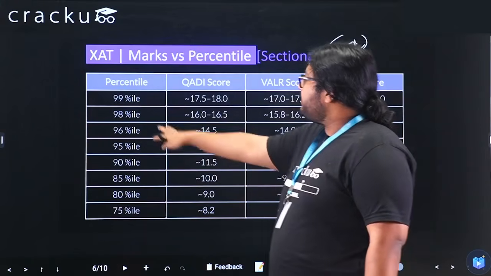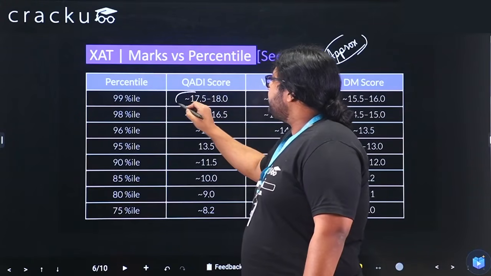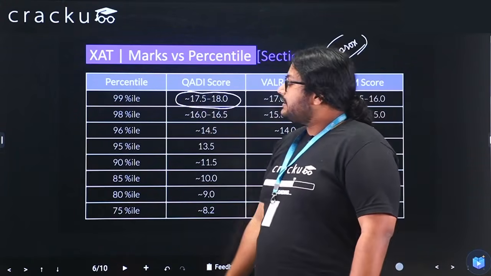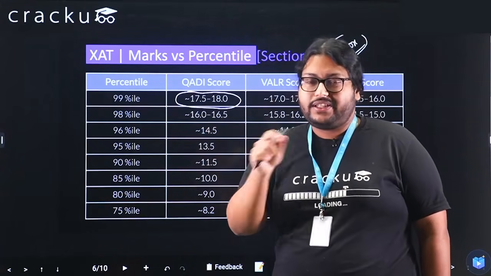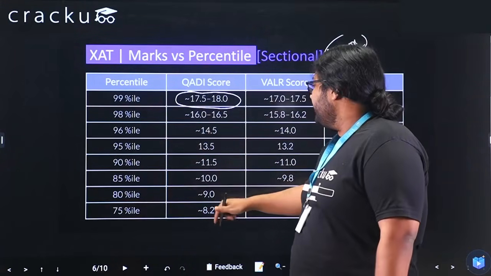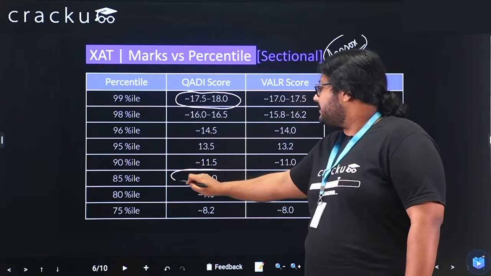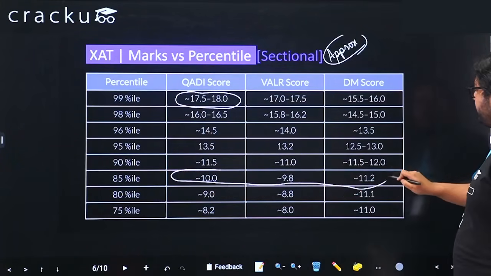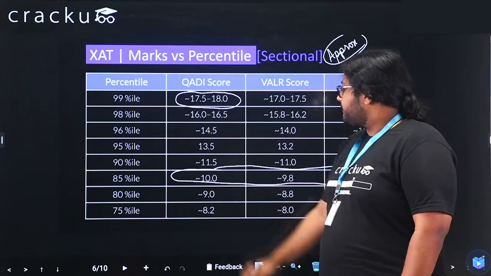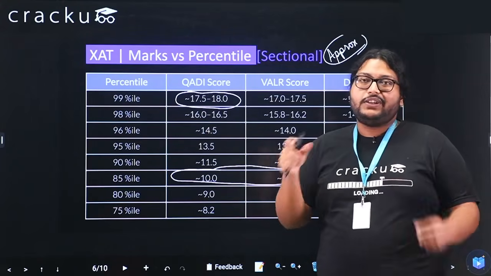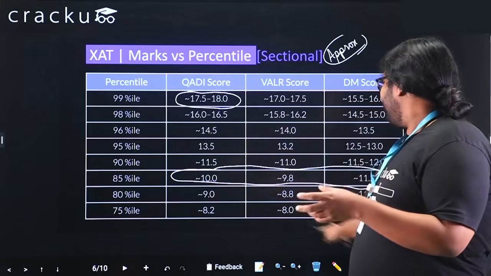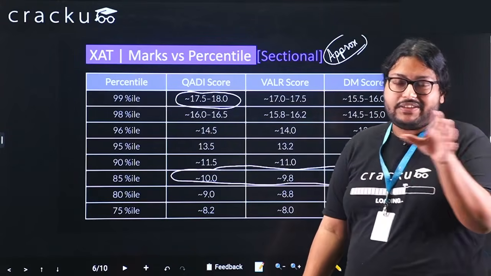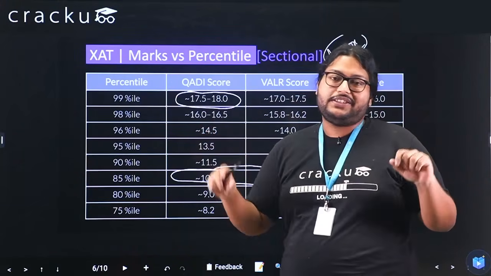99 percentile in quants required 17 or 18 marks. The cutoffs last year went around 84, 85, 82, 84, 85 were the sectionals basically. So that tells me that this is the bracket I need to think of. And these were the marks. In DM last year, a lot of people scored around the same marks, so the percentiles were a bit cluttered around 11 to 12 marks, with a lot of variation in percentiles.